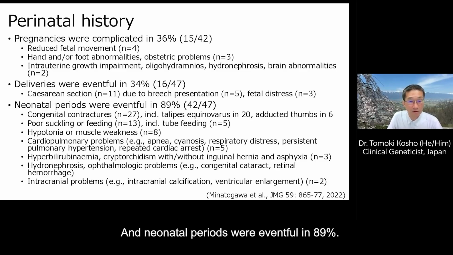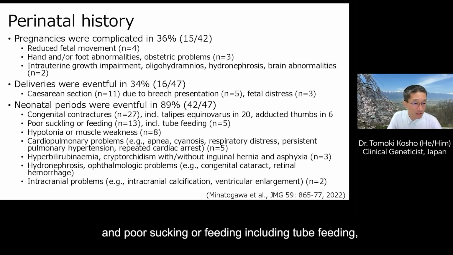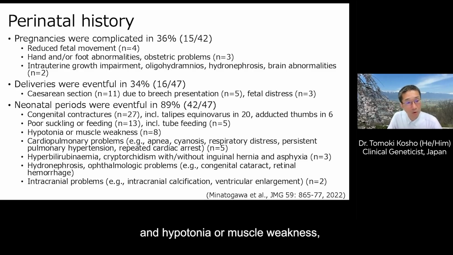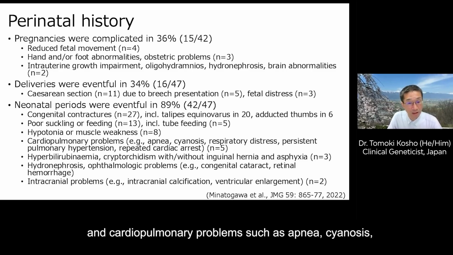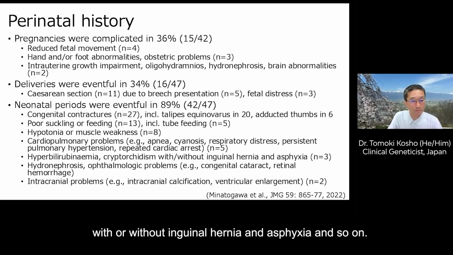Neonatal periods were eventful in 89%: congenital contractures, including talipes equinovarus, poor sucking or feeding, including tube feeding, hypotonia or muscle weakness, cardiopulmonary problems such as apnea, cyanosis, respiratory distress, persistent pulmonary hypertension, repeated cardiac arrest, hyperbilirubinemia, cryptorchidism with or without inguinal hernia, asphyxia, and so on.